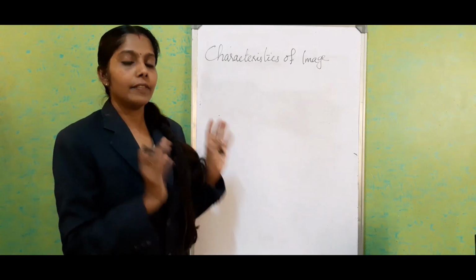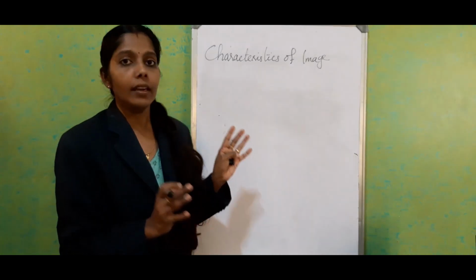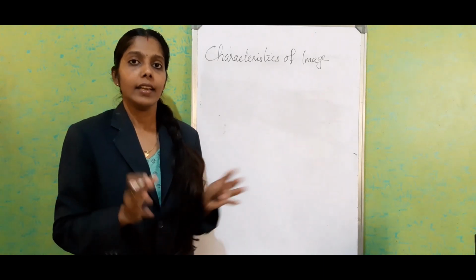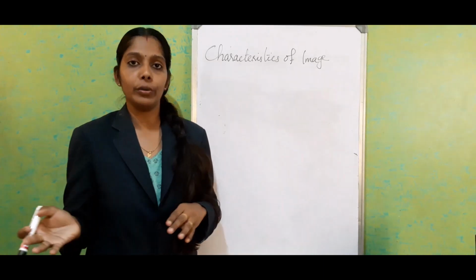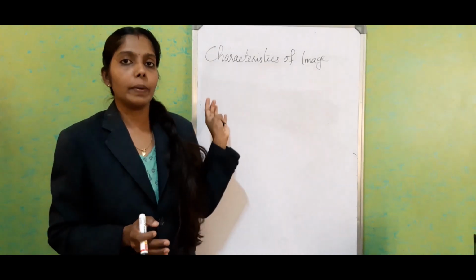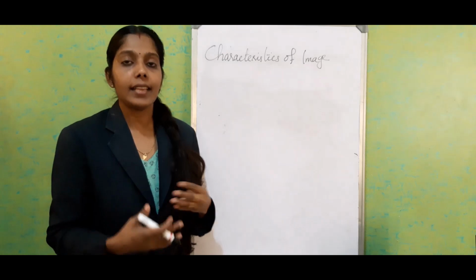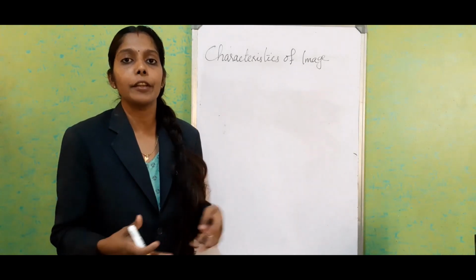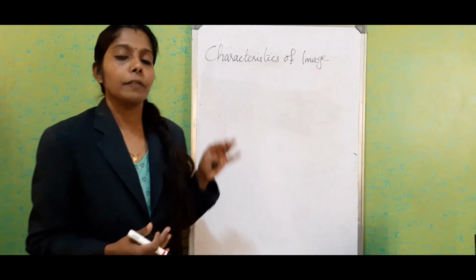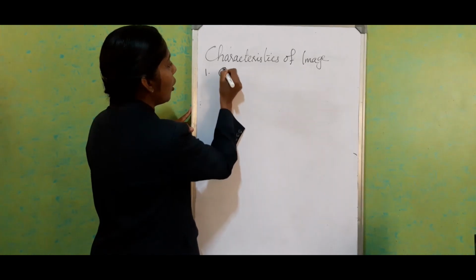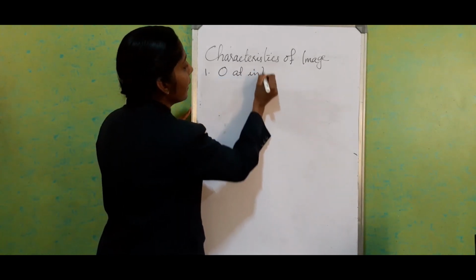First we will see the image formation in the case of convex lenses, and once it is over, we'll move to concave lens. Depending upon the position of the object, the size and nature of the image will vary. First we will see when the object is at infinity.